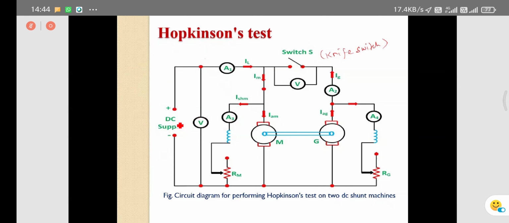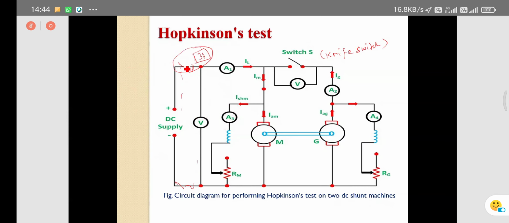Before that, we have some arrangement, like the DPST switch, the fuse rating, and the 3-point starter. I have not drawn these here, but you just imagine.